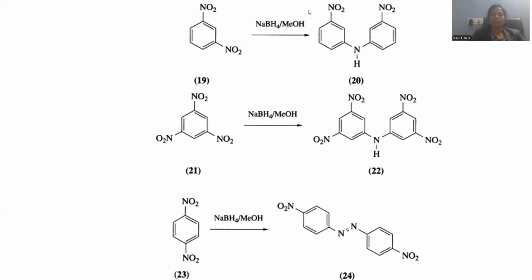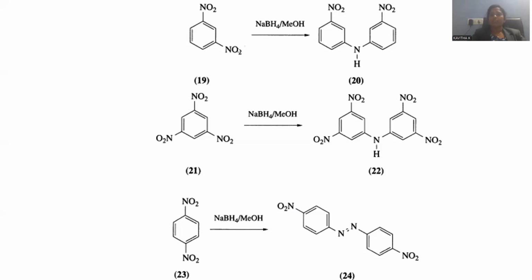Now, let me show more examples pertaining to reduction with sodium borohydride. I'm taking meta-dinitrobenzene. Upon reacting with sodium borohydride in the solvent methanol, this is able to give NH2 first. NH2 is called an amine linkage.